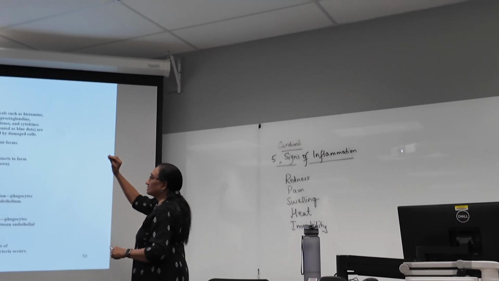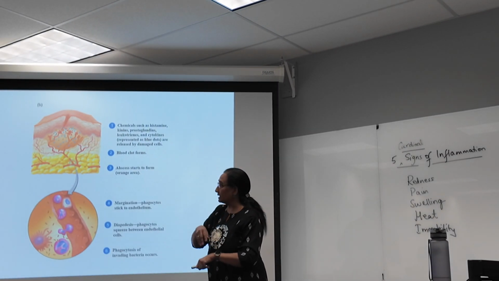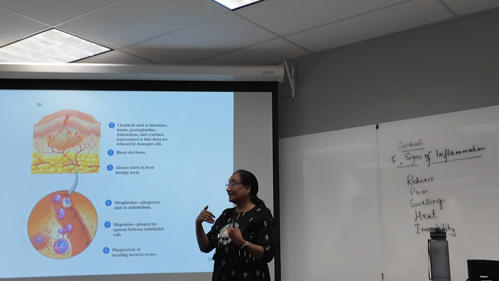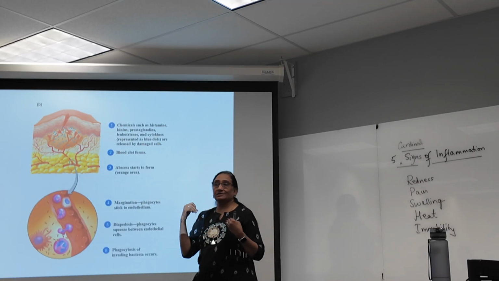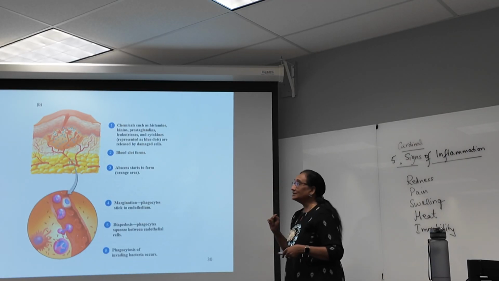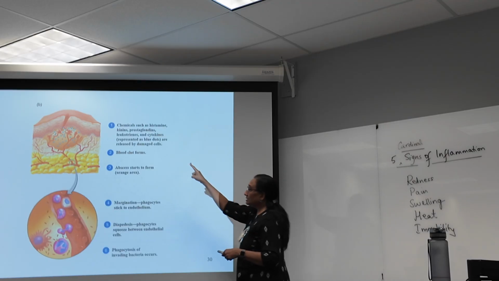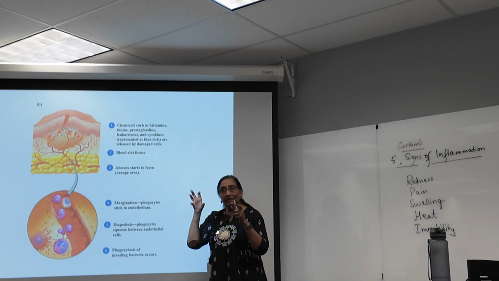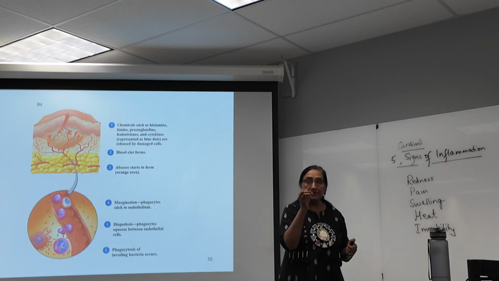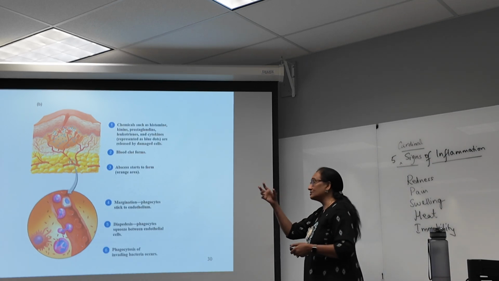So, whenever there is a breach of the skin, if pathogens enter, because this is a second line of defense, it has crossed the skin and it has entered inside. When it enters inside, the bacteria are going to multiply, and then tissue damage is going to occur because the pathogen may also cause lysis of the cells.